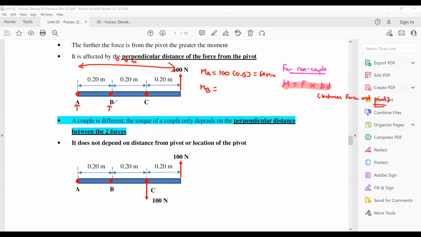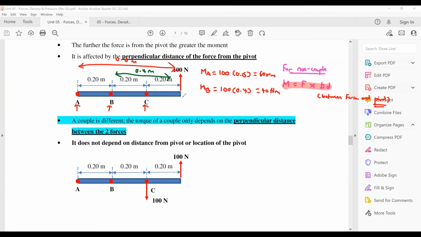How about if my pivot is now point B? My perpendicular distance is now going to be 0.4 meter. So this one would be, again, 100 times 0.4 equals 40 Newton meter.